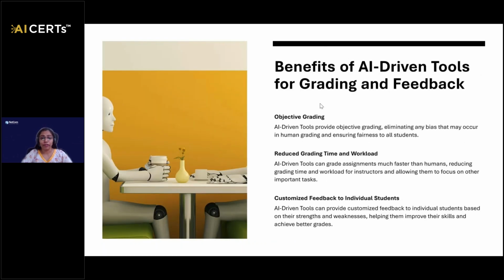First, objective grading. These tools provide objective grading, eliminating any bias that may occur in human grading and ensuring fairness to all the students.